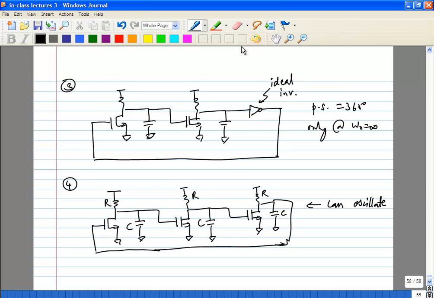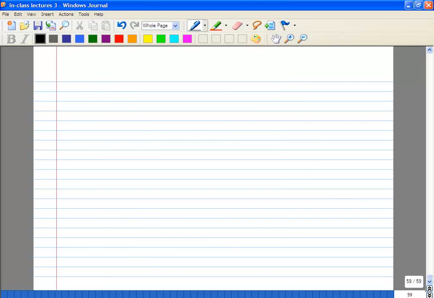Okay, so let's try to find out what the frequency of oscillation is first. At DC you have 180 degree phase shift around the loop, you know that. Let's say for each stage your output by input is minus A naught, which is the gain, GMR in this case.